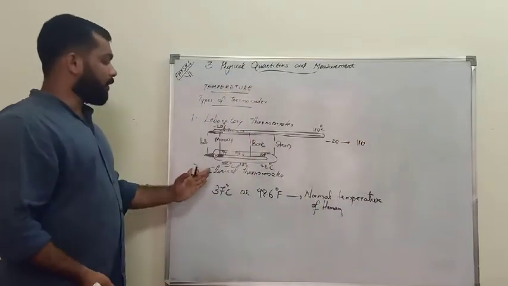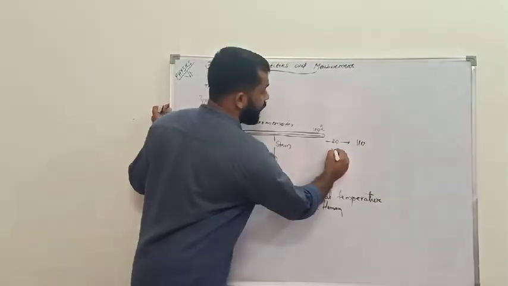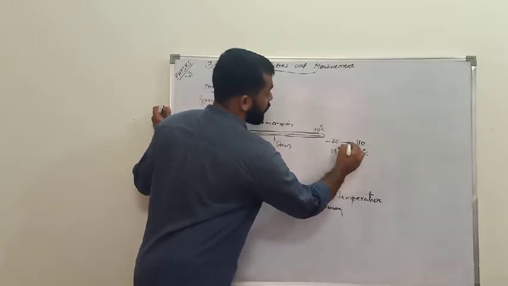Whereas in the clinical thermometer, the lower temperature is 35 degrees Celsius and the upper is 42 degrees Celsius.